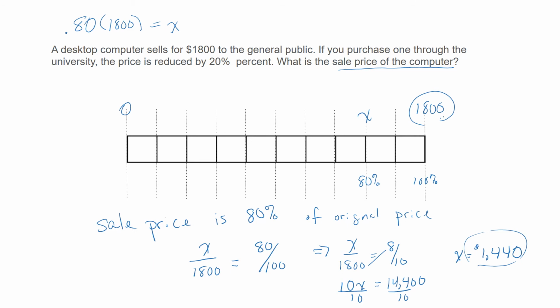I'm going to pay 1,800, okay, and then I'm going to subtract off 20% of 1,800 to get the final amount. And you'll find out that these are the exact same calculations. But you are free to use a model.